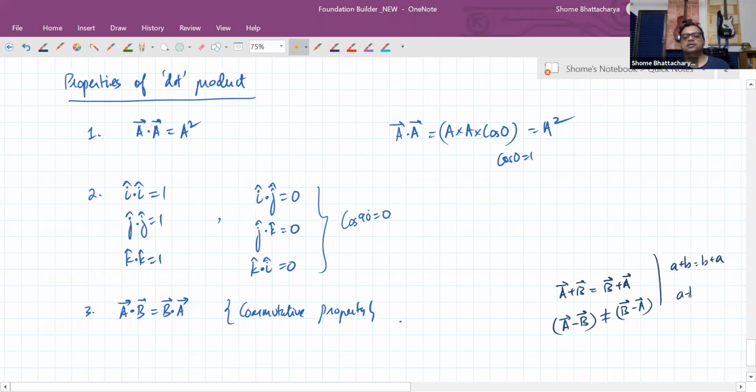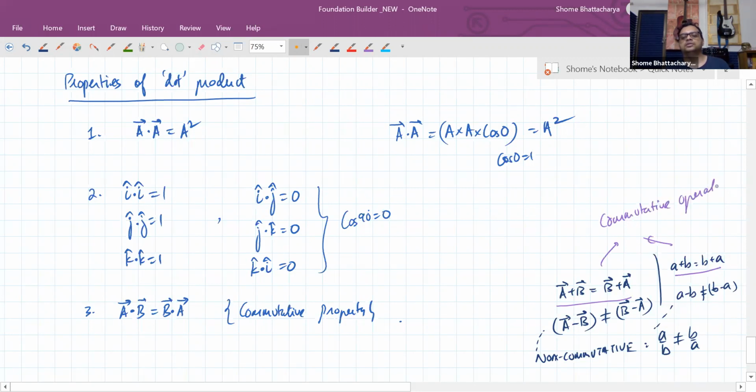Just like even in scalars, this is not the case. This is not equal to this. Okay. So these are non-commutative. Division is also non-commutative. A by B is not equal to B by A. So these are all examples of non-commutative operations, whereas these are examples of commutative operations.